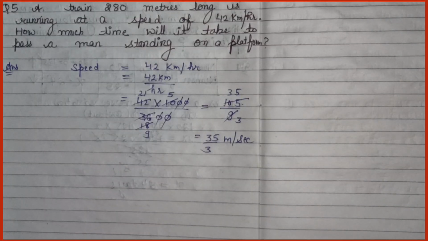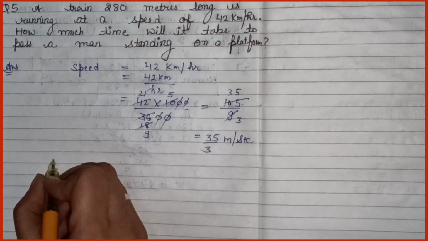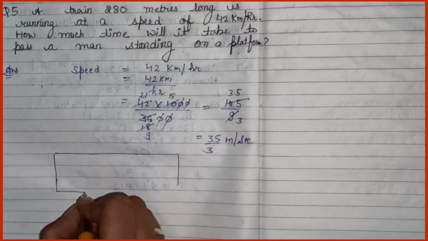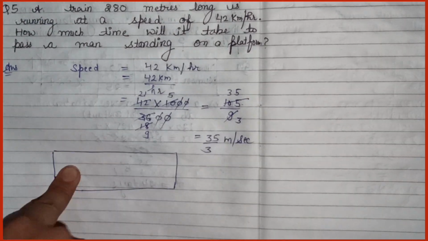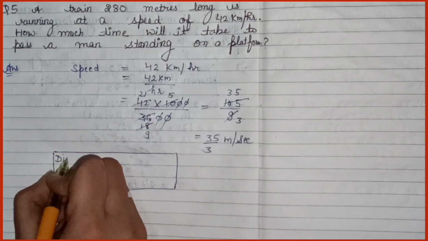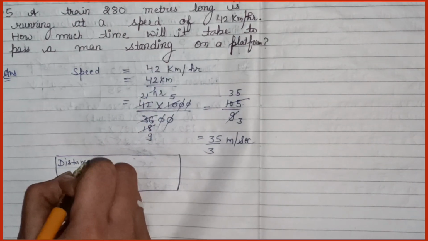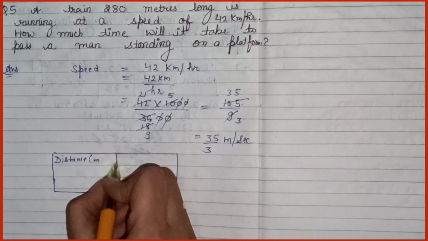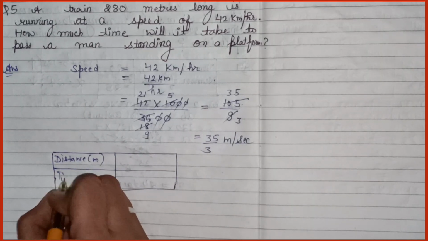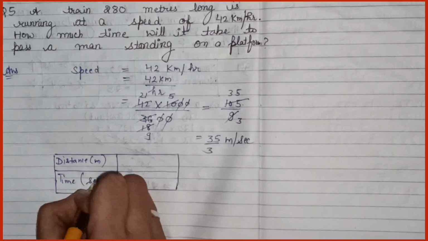Now I have to make a table for this question. In the first row I write distance, which is in meter. Then in the next row I write time, which is in second.